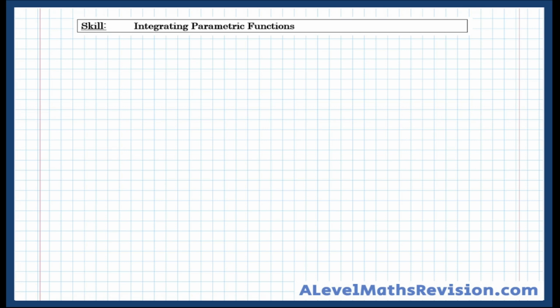In this lesson, we're going to have a look at finding the area between a parametric curve and the x-axis. Finding the area between a curve and the x-axis is nothing new. You've done that in first year maths.